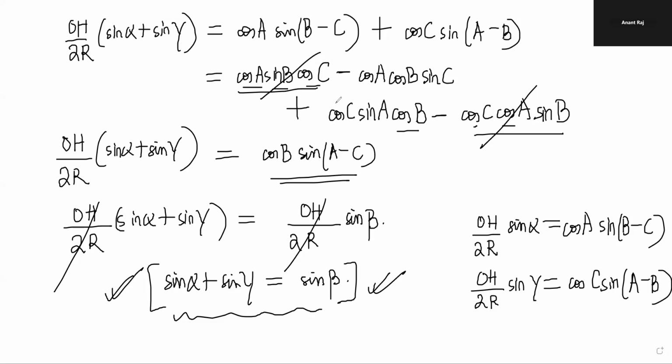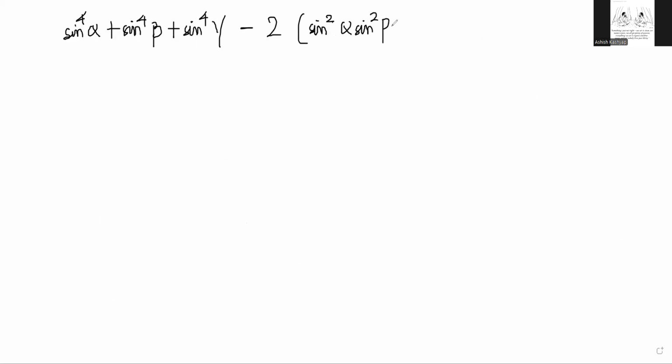So let's try that now. Sine alpha plus sine gamma is sine beta. So we have to use that to prove sine 4 alpha plus sine 4 beta plus sine 4 gamma minus 2 times sine square alpha sine square beta plus sine square beta sine square gamma plus sine square gamma sine square alpha is equal to 0.